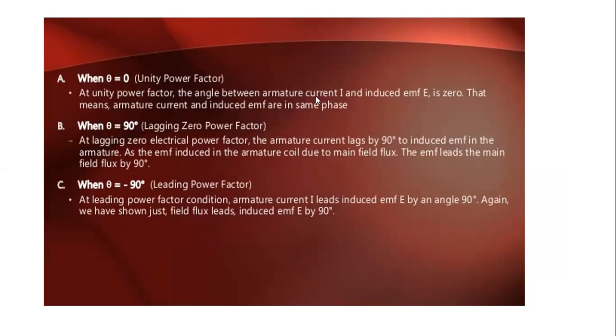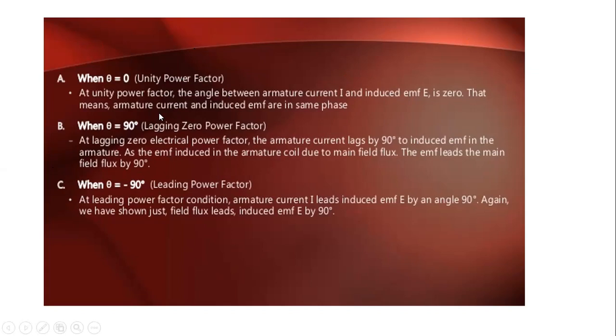Therefore, the angle between the armature current and induced EMF is 0. Unity power factor means there is no angle difference between the V and the I, that means the current and the induced EMF.